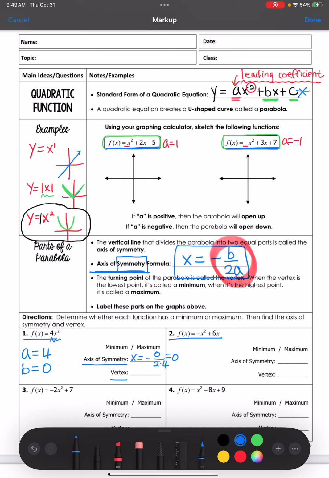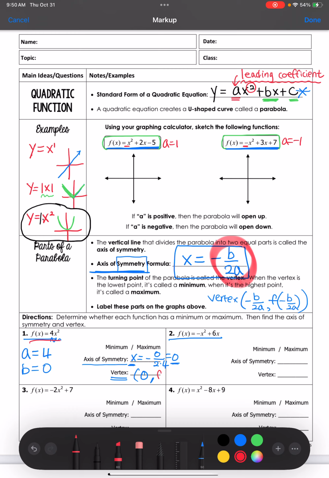And then you have to write down your vertex also. So the vertex formula is minus b over 2a for x, and your y value is y of minus b over 2a. So my x value is 0. I put 0, comma, and then I'm plugging into my f of x equation.